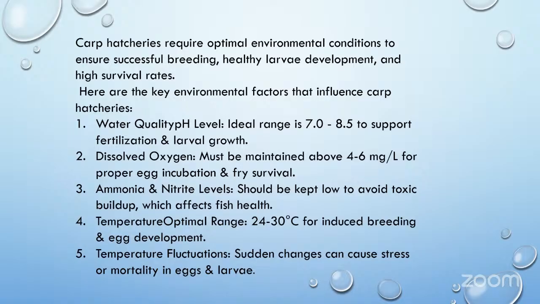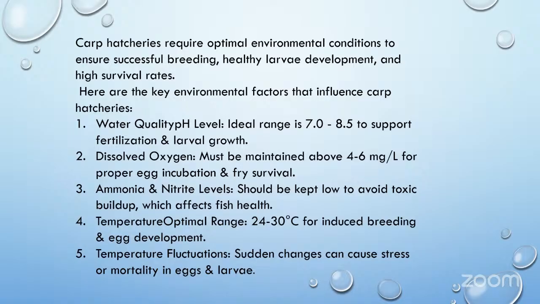Then dissolved oxygen must be maintained above 4 to 6 mg per liter for proper egg incubation and fry survival. Then ammonia and nitrate levels should be kept low to avoid toxic buildup, which affects fish health.